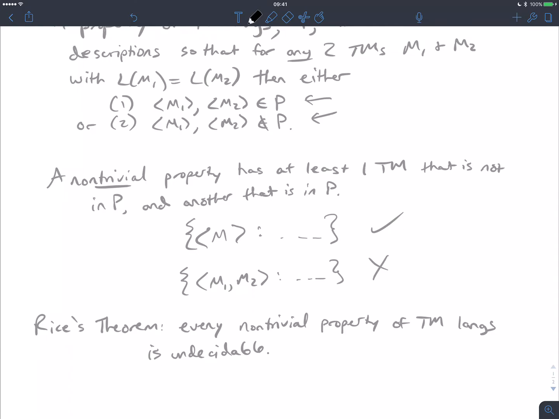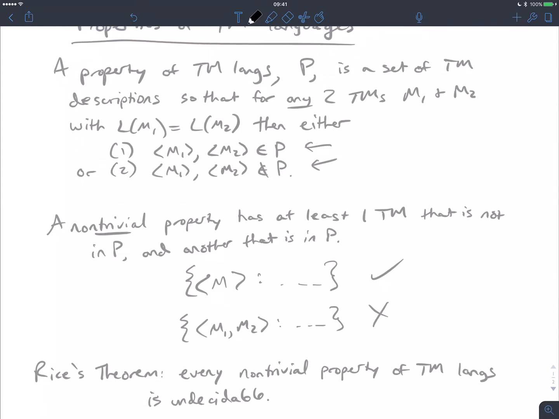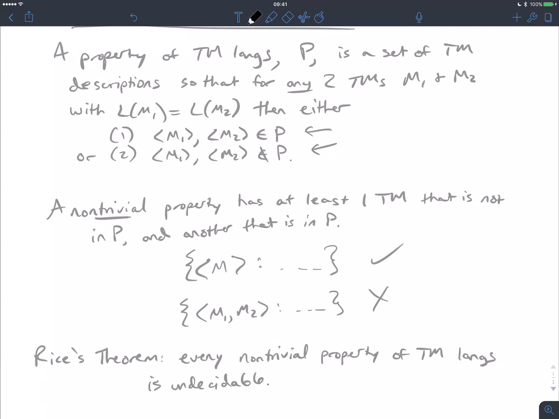So if you wanted to prove that something's undecidable using Rice's theorem, you have to show 2 things. You have to show that it's a property of Turing machine languages: if you have 2 arbitrary machines with the same language, either both are in the language or neither. So it's only dependent on the language whether you have the property or not. And then you have to show that it's non-trivial, that one machine has the property and one doesn't.